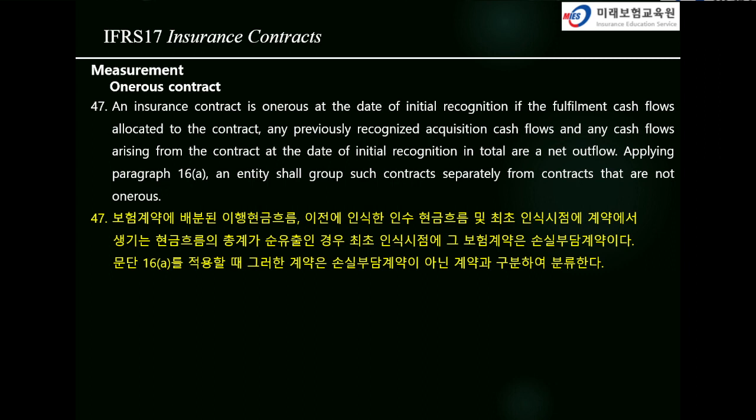That's what the standard says, right? Set of contracts is just a normal term, but the group of contracts, which is defined by paragraphs 16 and 17, you need to go through an onerous test to finalize whether this is an onerous group of contracts or a non-onerous group of contracts.